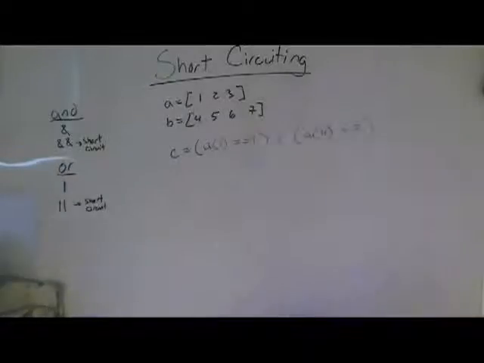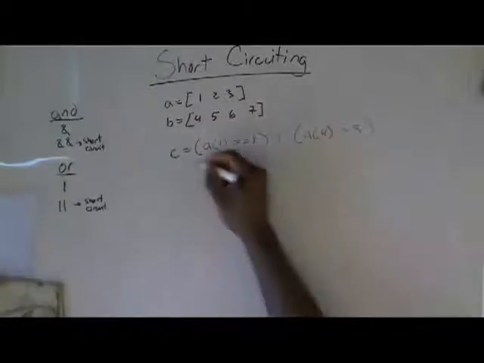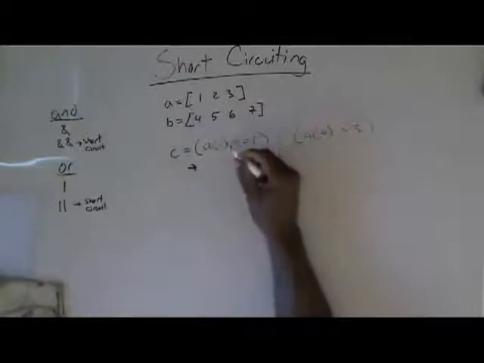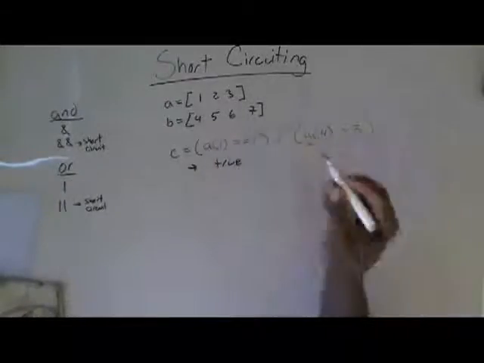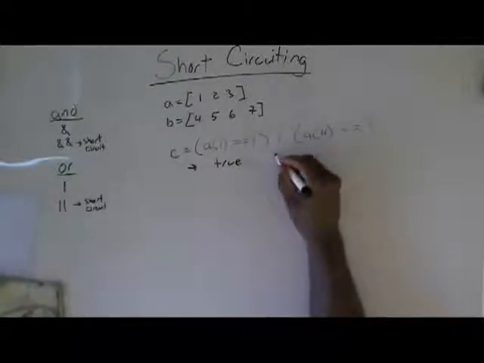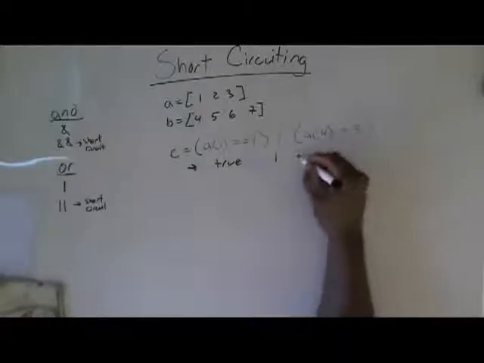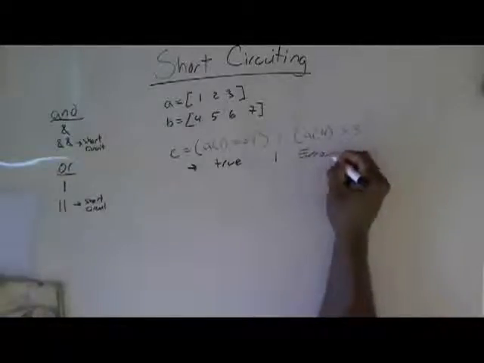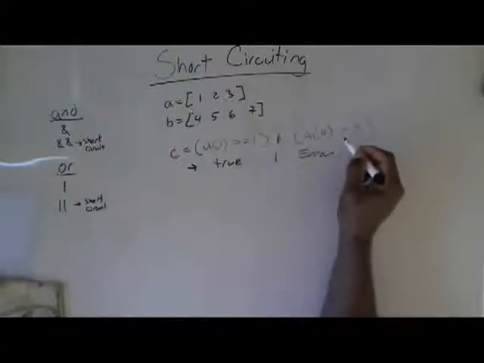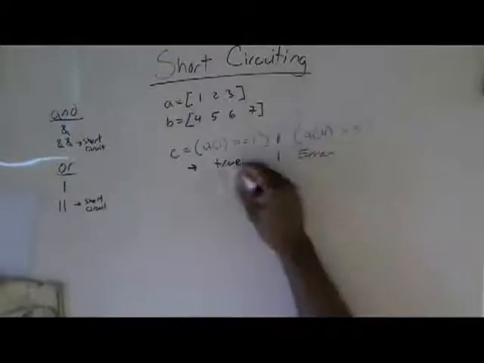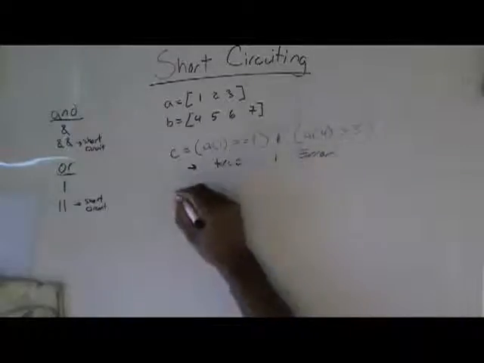Okay. If I do that, then this part here is A1 equal to 1. Well, that's true. Or is A4, well, then this is going to give an error, right? Because this is not the short-circuited version. The second term is going to evaluate regardless. So this whole thing is going to give an error.